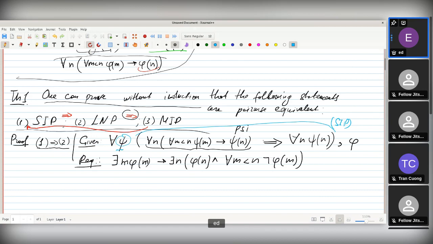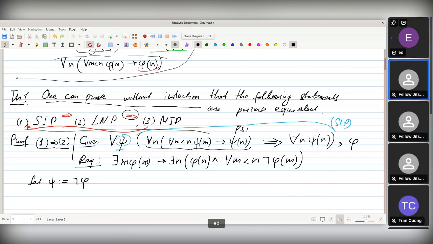So I can choose psi. It is guaranteed that for every psi it will work. So let us take not phi for psi. Let psi mean not phi. That phi is not true. Psi says phi is false. Is it clear?